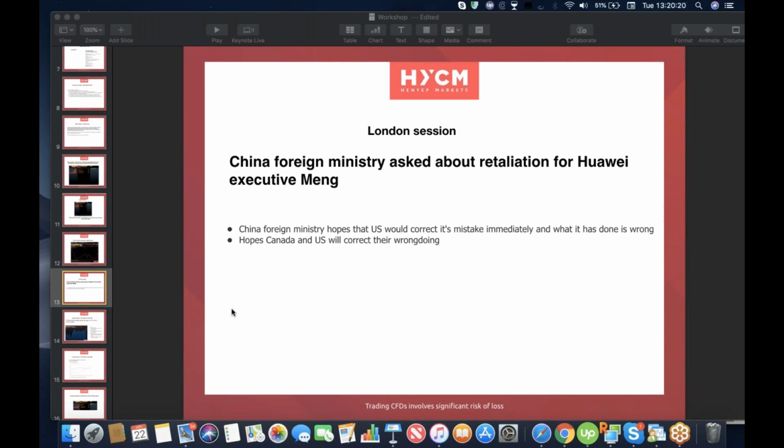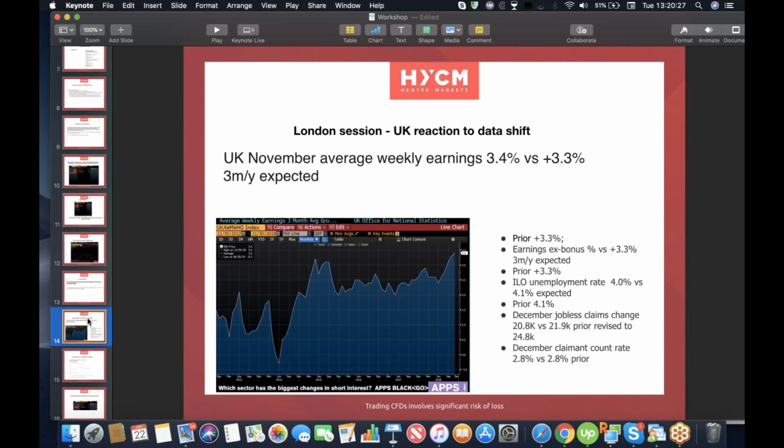Now, in the London session, there was one piece of key data, and this was the UK November average weekly earnings. This is very helpful because it's also going to help us look at our special topic this week, which is selling the rumor and buying the fact. I'll get to that later, but you'll understand it as we go through the session.